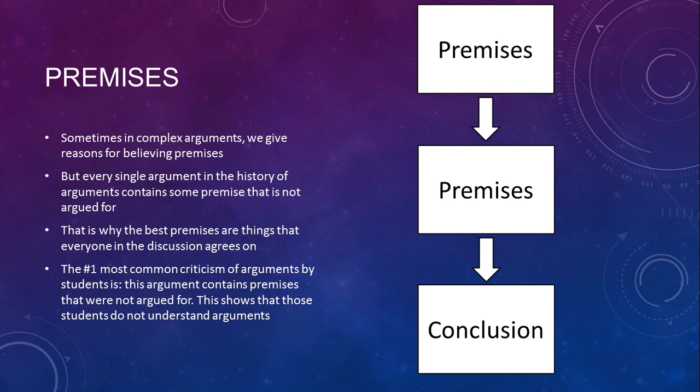It's great if your middle premises are things you can agree on as well, that's even better, right? You want to have as much common ground in a debate as possible, which is kind of counterintuitive because most people think of debates as a kind of fight where you're trying to undermine the other person as much as possible.